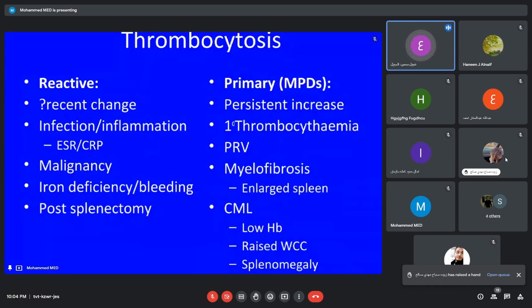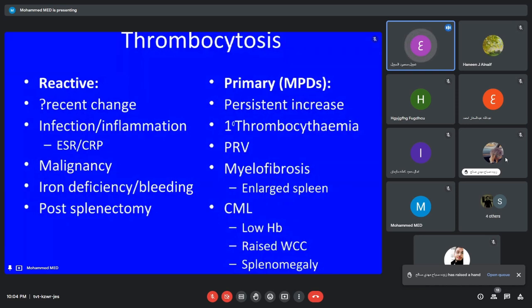Post-splenectomy, yes, we just discussed that after splenectomy the platelet count will go higher, but there is a primary thrombocythemia.